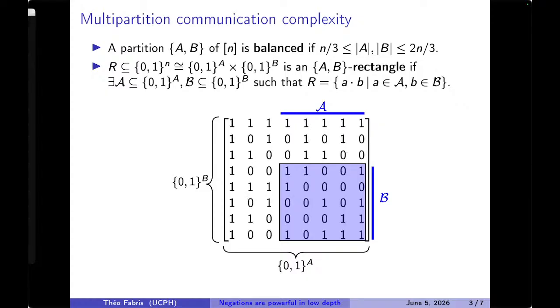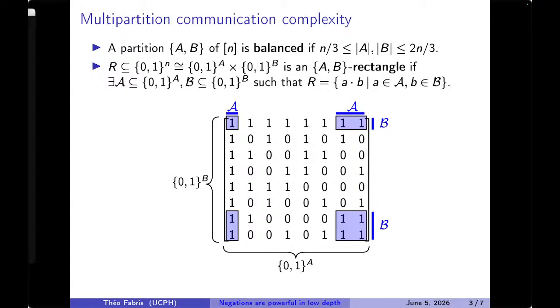But for the things that we're going to do later, you'll only care about rectangles that are monochromatic with respect to the Boolean function that you're studying. So this kind of rectangle won't be that interesting. We're going to be interested in rectangles that are monochromatic, like one-monochromatic or one-rectangles.